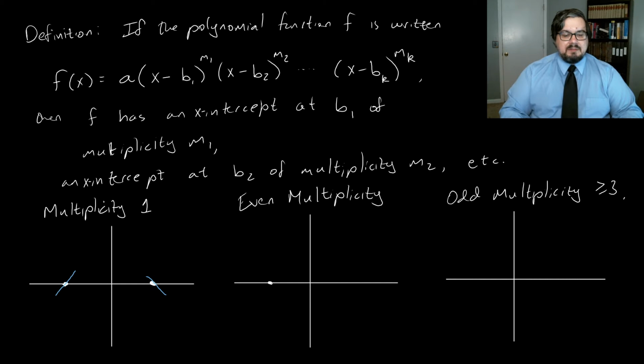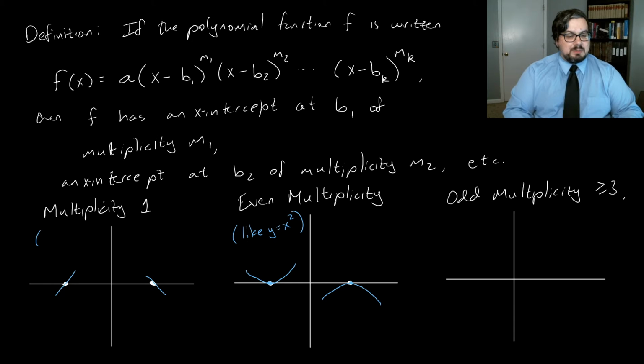However, if the particular intercept of the function has even multiplicity, that is multiplicity 2 or 4 or 6, etc., then the graph is going to come down, it's going to reach the x-axis, but it's going to go back up. It's going to touch the x-axis, but it's not actually going to pass through. So this is like the graph of y equals x squared.